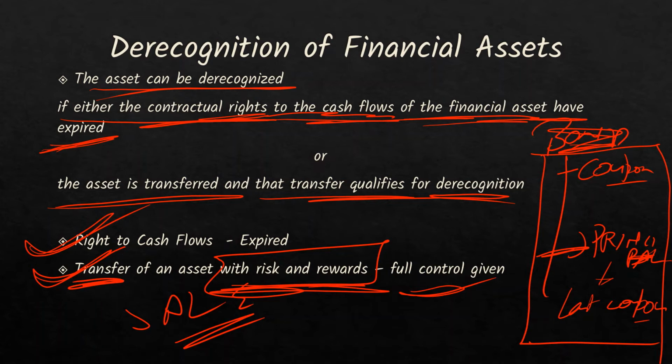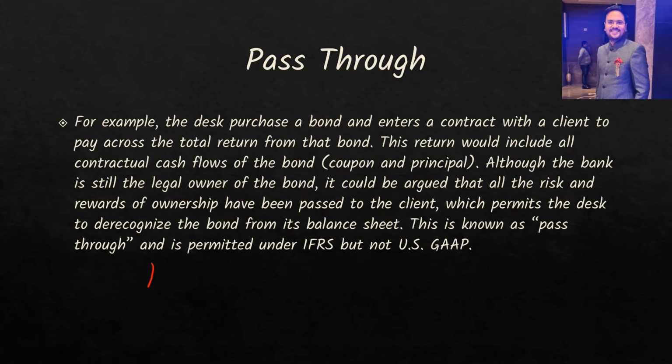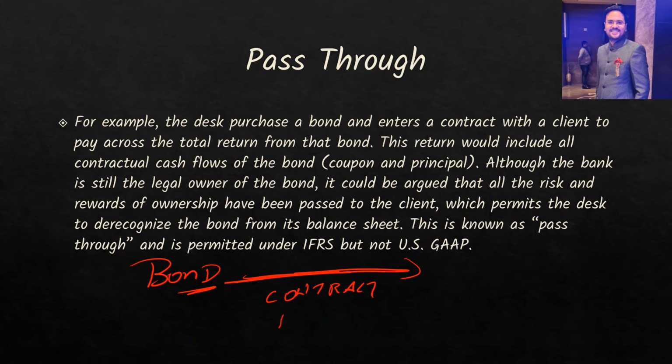So let's suppose you have an asset, you have a bond, and you entered into an agreement that you will transfer all the income to Mr. X, and all the losses as well.